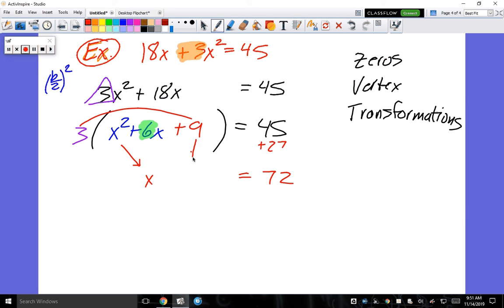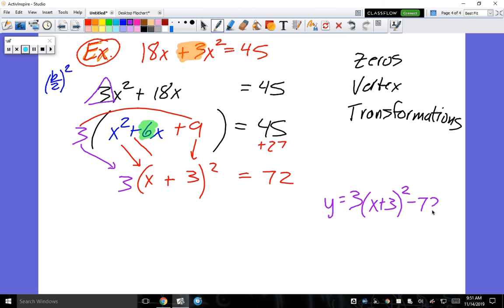This becomes x. This becomes 3, because you're square rooting them. And borrow that sign. Don't forget about your a value. So subtracting, I'll get y is equal to 3 times (x plus 3) squared minus 72.